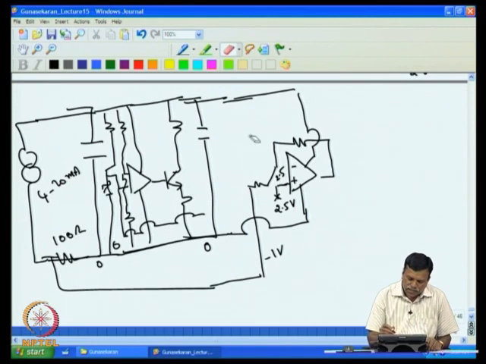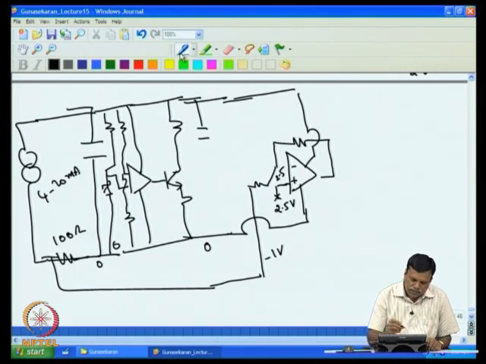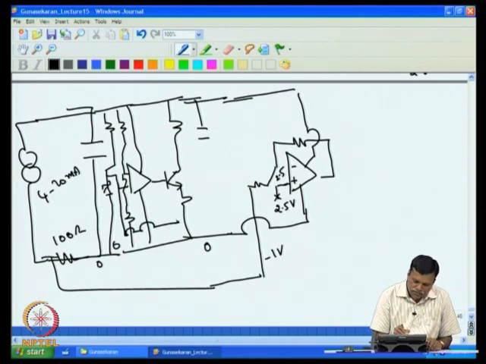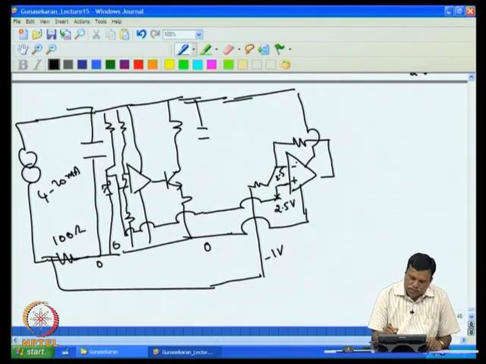When I remove this, this 2.5 is connected only to this. Oh, sorry. So this 2.5 is connected to this. If this is minus 1, and we know this has to sit at plus 2.5, then we have 1.5 volt difference. That means this will go to 4 volt. So at minus 1 it is plus 4 volt.